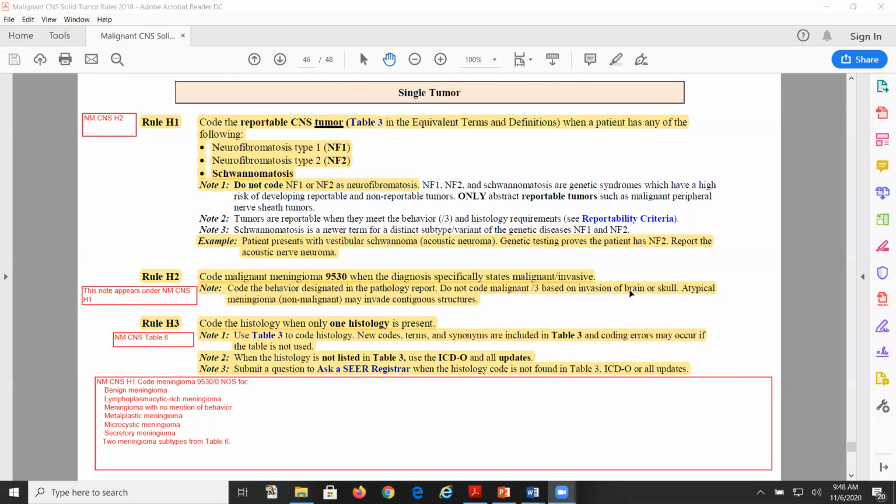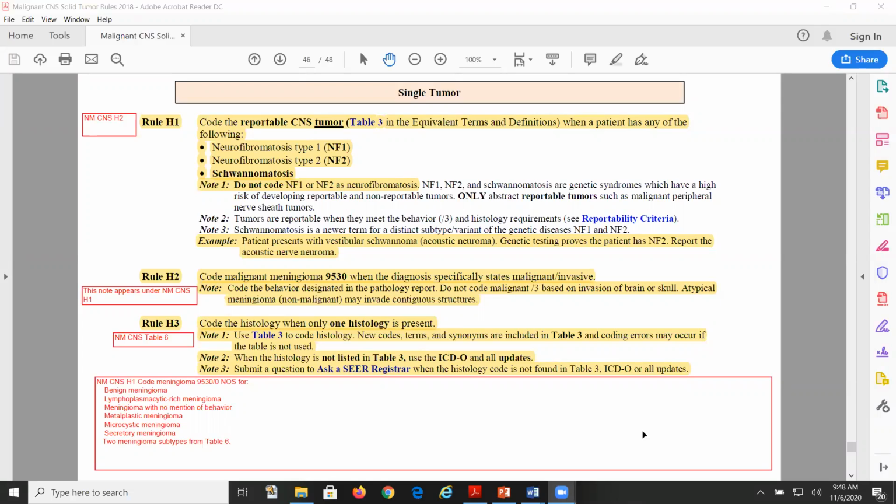H3, code the histology when one histology is present. And as I demonstrated for you Wednesday, the priority documentation is the histologies in the charts from the solid tumor rules. If your histology is not found there or within the rules, then your next priority order is the ICD-O-3 implementation documentation from the NAACCR website, and I'm not going to demonstrate that today.